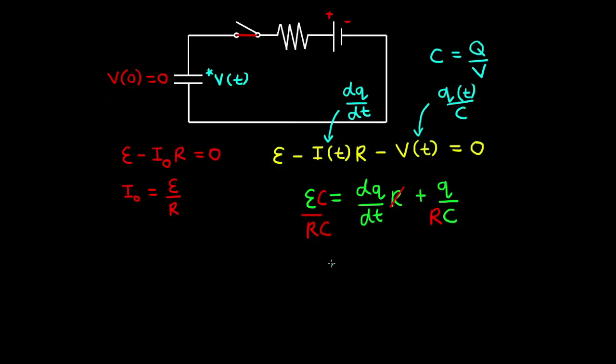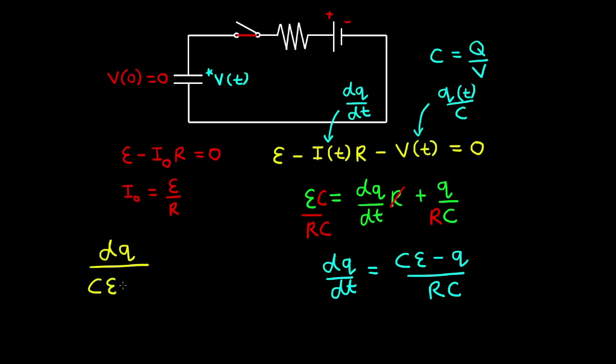So we can now write the differential equation as dq/dt is equal to the capacitance by the electromotive force minus Q on RC. And now if we separate the variables, we get dq on (C epsilon minus Q) is equal to 1 on RC dt.